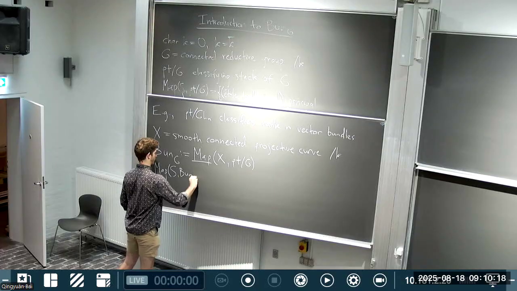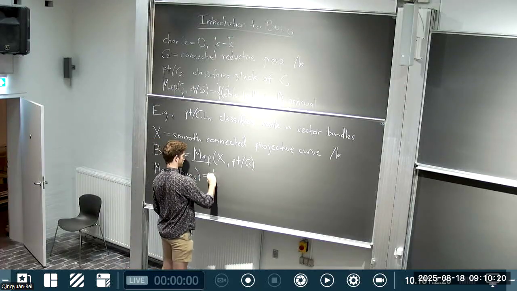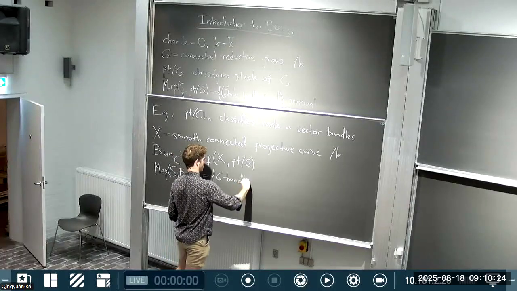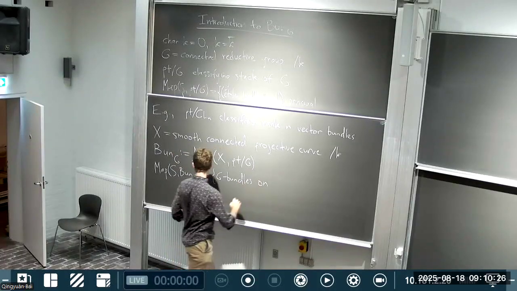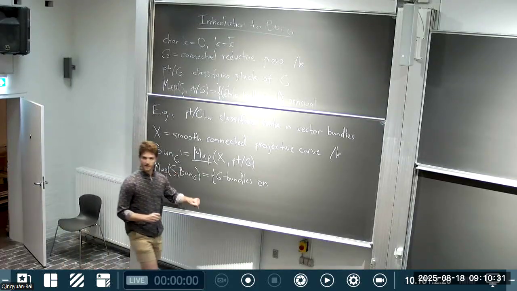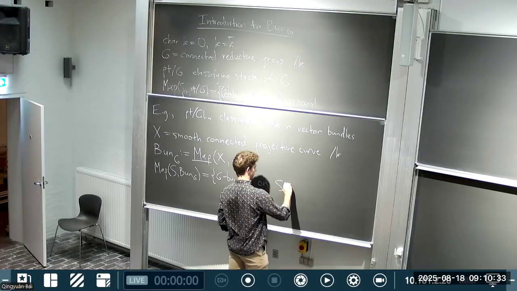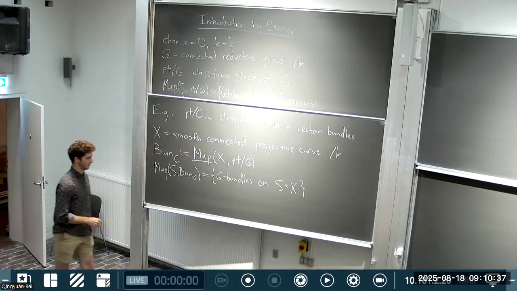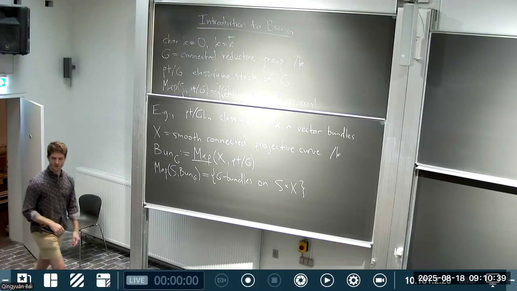Points are principal G-bundles. So a family of points of Bun_G parameterized by a test scheme S would be a G-bundle on S times X. Okay. So far so good.